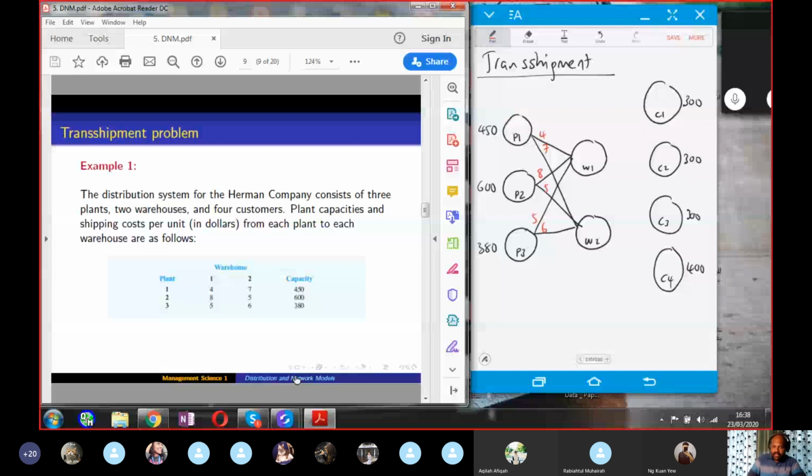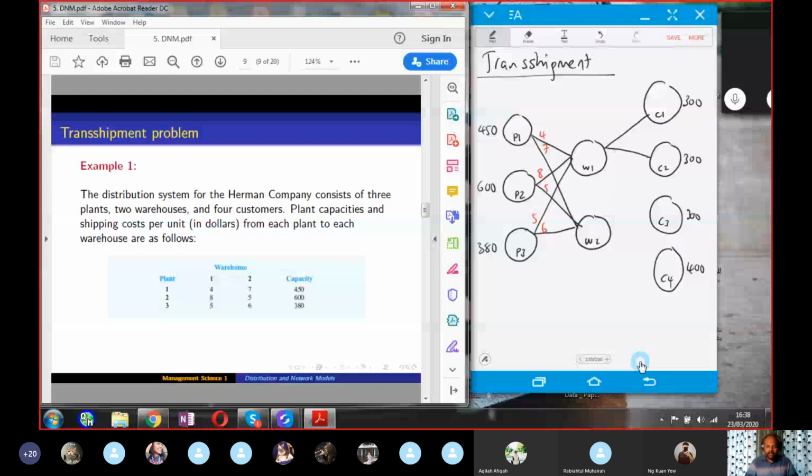After writing the first part of the line, the second part would be, remember, the product has yet to reach the customer. It is in the warehouse. So now from the warehouse, they need to reach customers. So from each warehouse, they need to distribute to customers. Something like this.